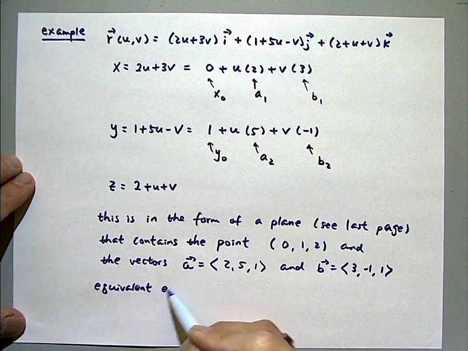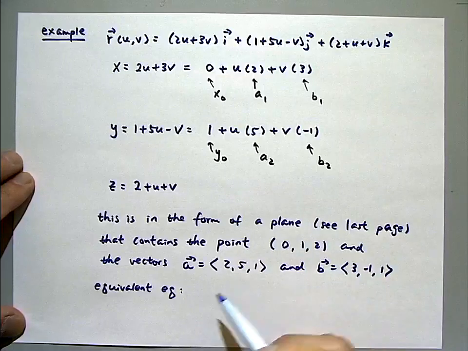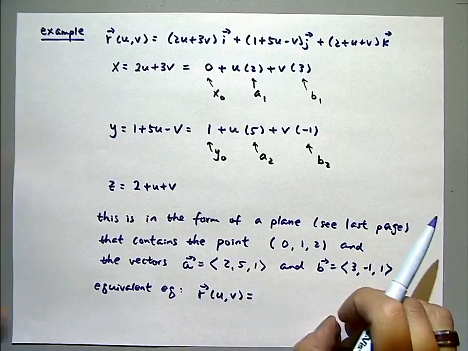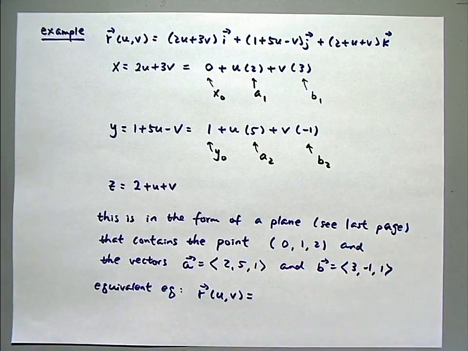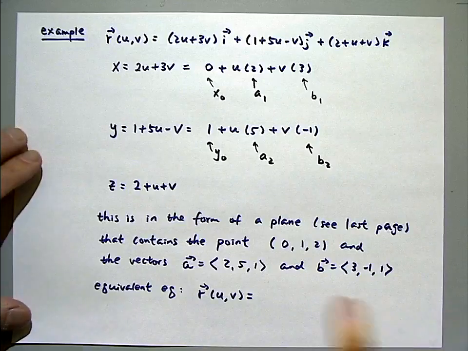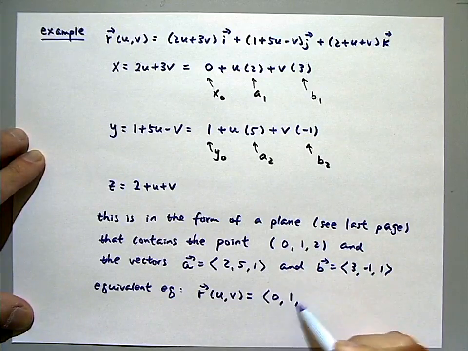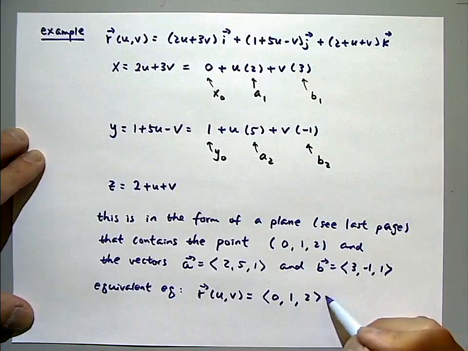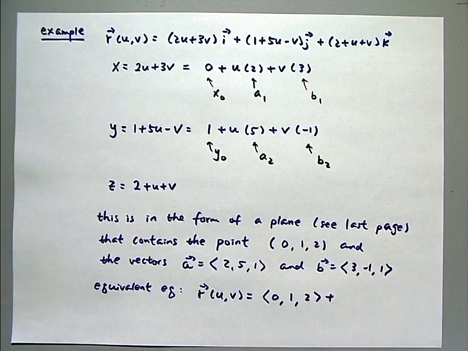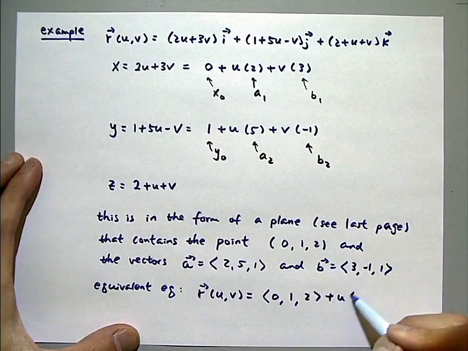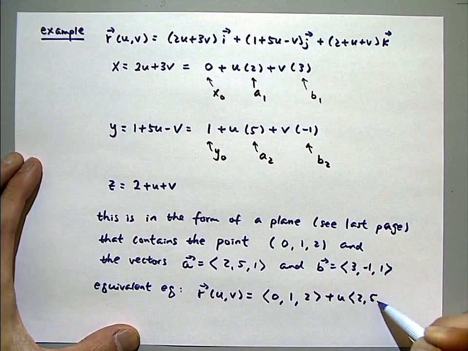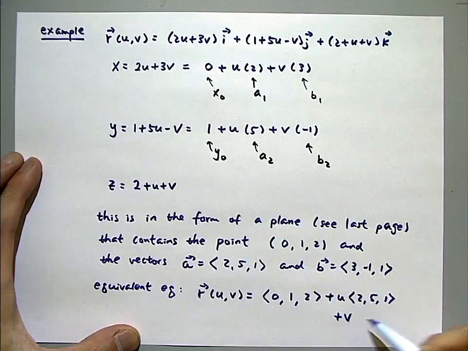So the equivalent equation, we could also write the equation of this plane R of uv, looking at the form in the box on the last page. I'm going to take the point I know for certain, put it as a vector, and then u times a, 2, 5, 1, plus v times b in vector form.